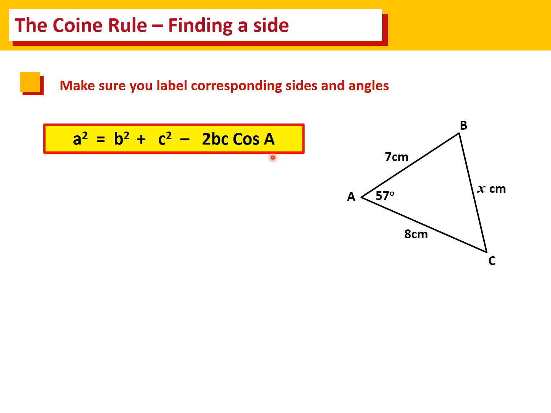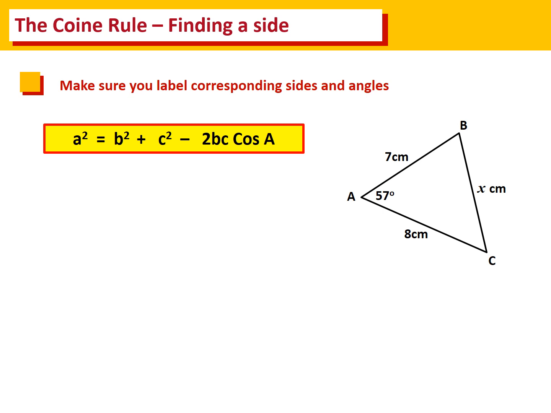And note the angle at the end, in this case A, is the corresponding letter to the length that you start the formula with. So if you're trying to find a missing length, the formula will start with it and end with the angle which corresponds to the missing length, or is opposite the missing length.